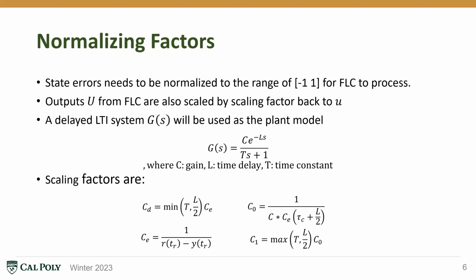For this example, we choose a relatively simple plant system for our testing plan so that we can see how the fuzzy logic works. The model is basically 1 over s plus 1 as a transfer function, and we have the coefficients of C, L, and T, which respectively are the system gain, time delay, and the time constant.